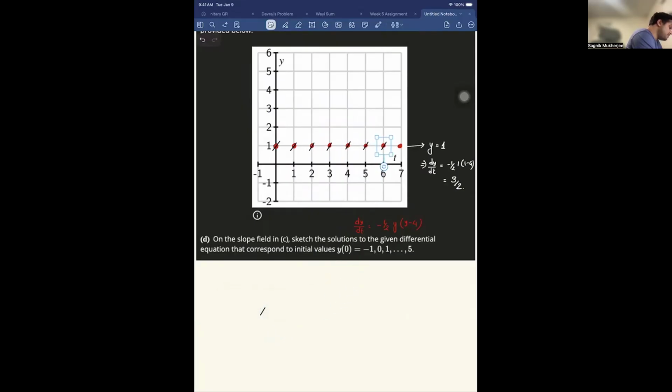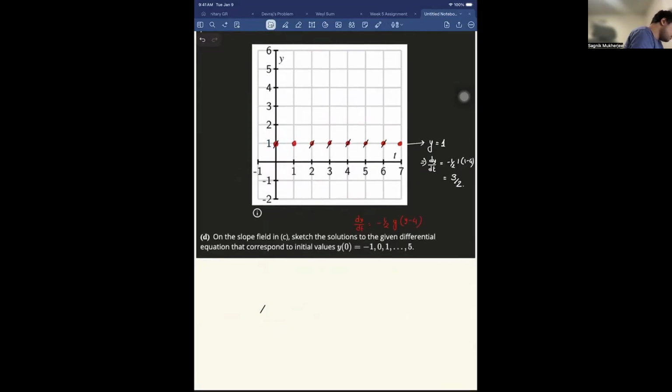So what do these line segments represent? Just for the sake of uniformity, let me copy paste these two things as well. Right? So what I have done is I have drawn a line segment of slope 3 over 2, and at each point I have created such a line with slope 3 over 2, because that's what the equation signifies. It signifies the slope of the tangent is always 3 over 2 whenever y is 1.